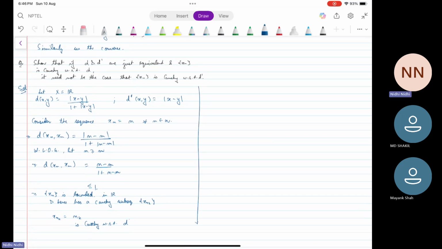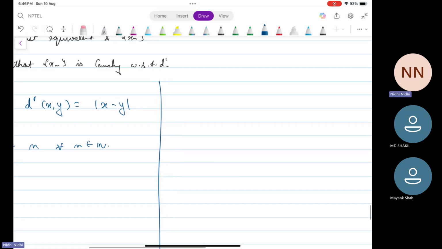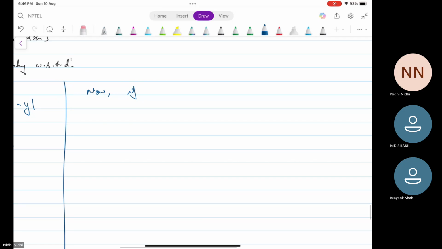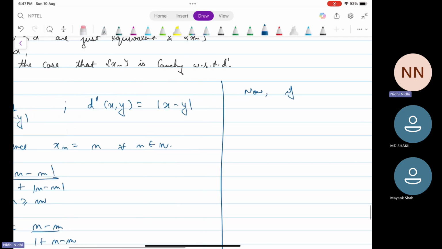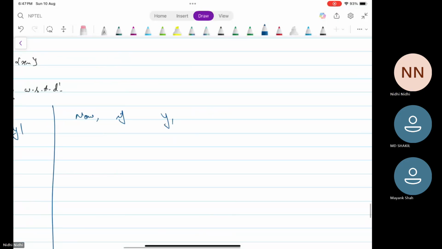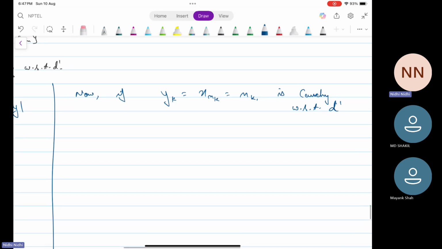But if it is Cauchy with respect to the metric d prime also, now define another sequence y_k equal to x_{n_k}, which is n_k. It is Cauchy with respect to d prime as well.